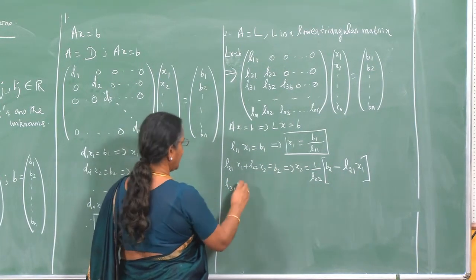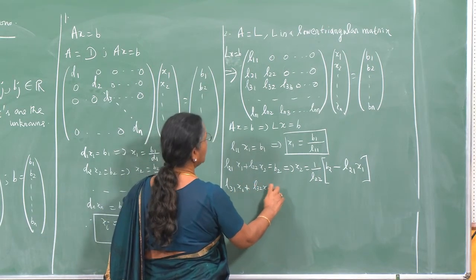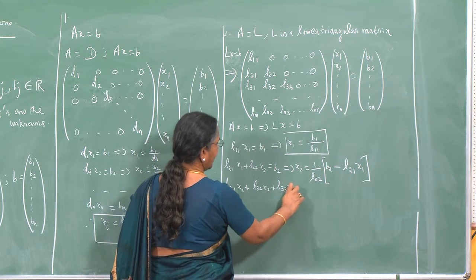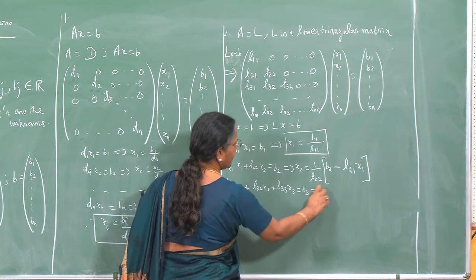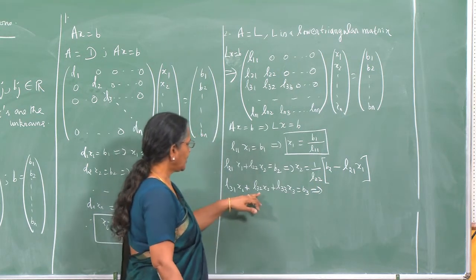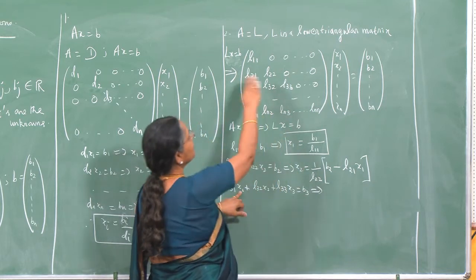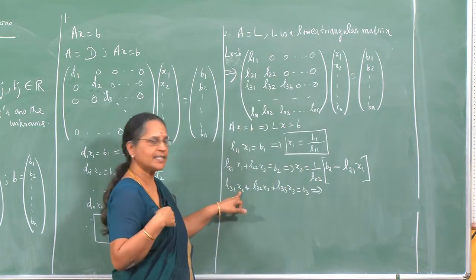What is x3? So, L31 x1 plus L32 x2 plus L33 x3 is B3. So, that immediately gives you x3, because you already have computed x1 and x2 from the first two equations.